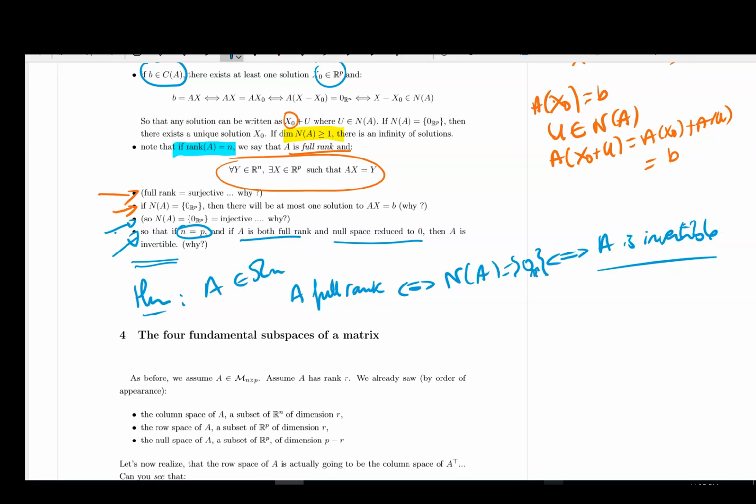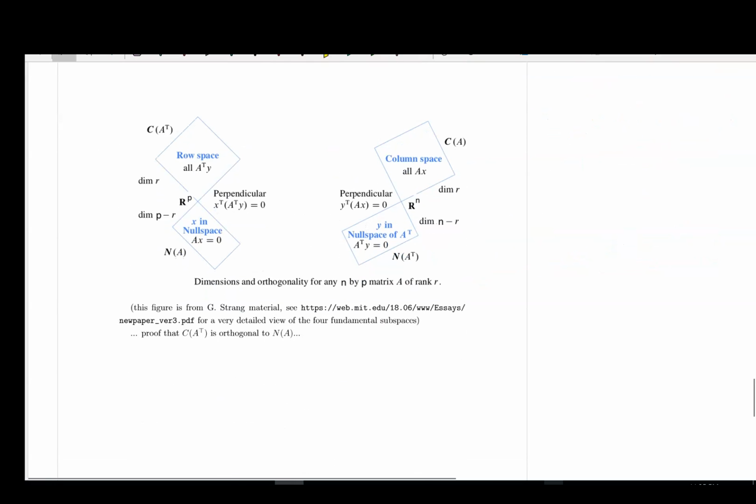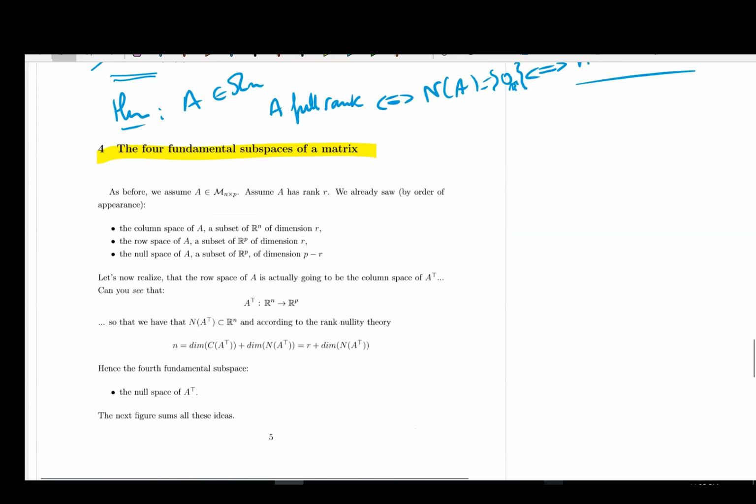Okay, finally, let's go to something that is really, I would say, a Gilbert Strang novelty. I believe it really brought the following image, so that you see that we will have four fundamental spaces that are related to some matrix. So let's see.